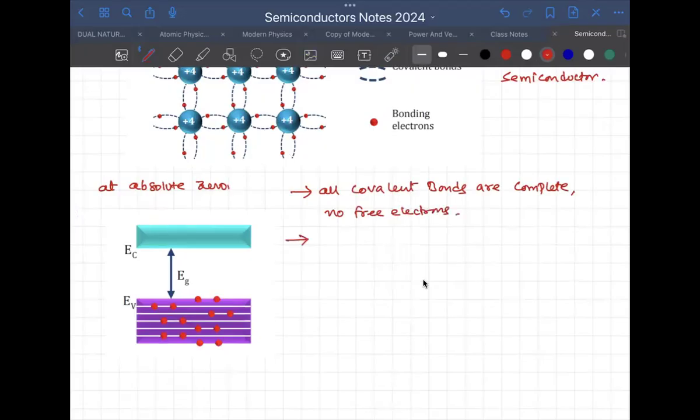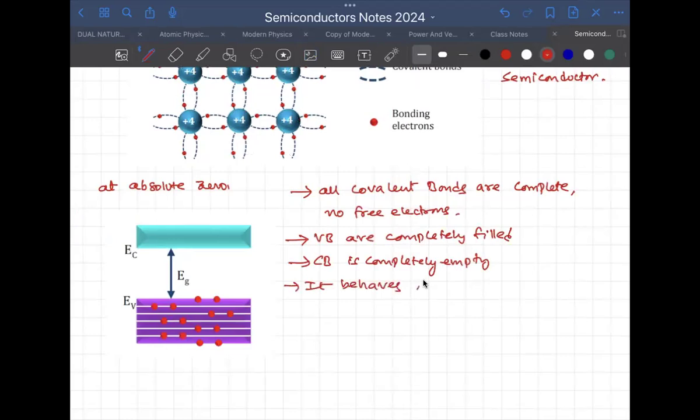The second point is valency bands are completely filled. When this is completely filled, the conduction band is completely empty. At this stage, it behaves as an insulator. All that which I have discussed is at 0 Kelvin. Don't forget.